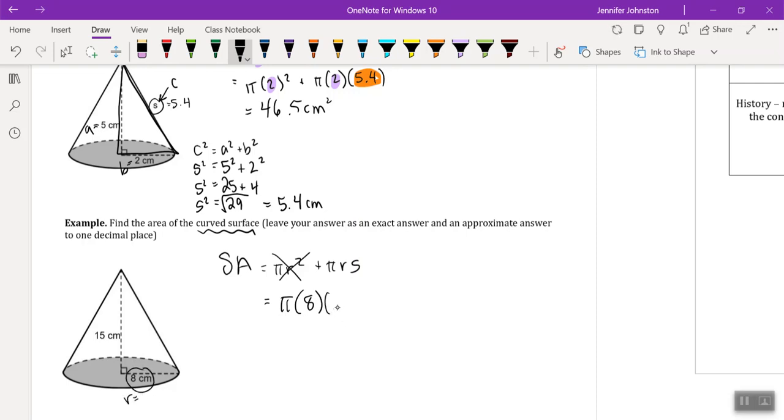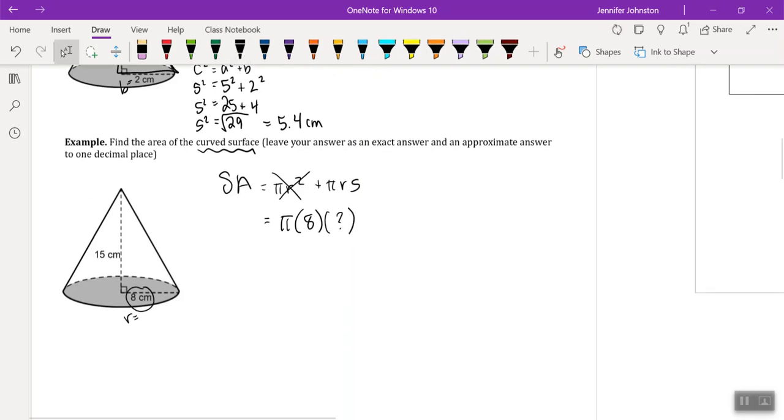Do we know the slant height? Is the slant height 15? Is the height of 15 slanted? No, we don't know what this is. We have to go do the Pythagorean theorem again. So again, we have in this case 8 and 15. So we should get a number that's definitely longer than 15 and also longer than 8.